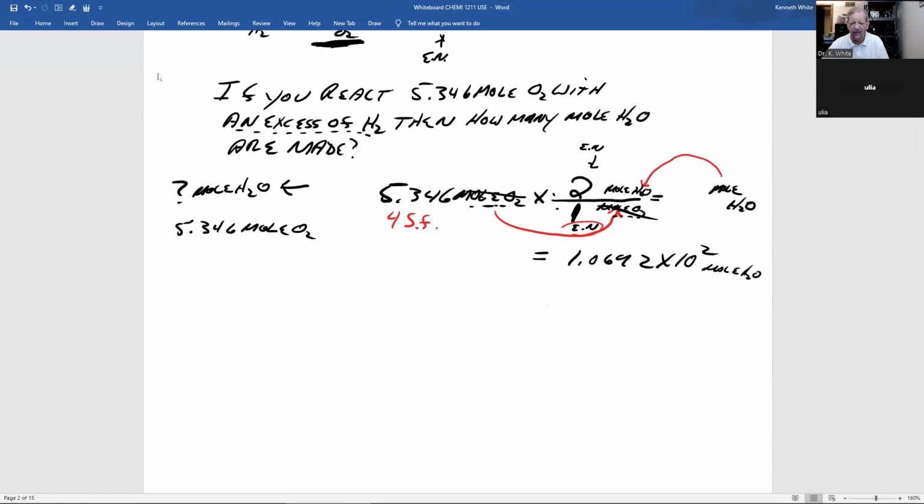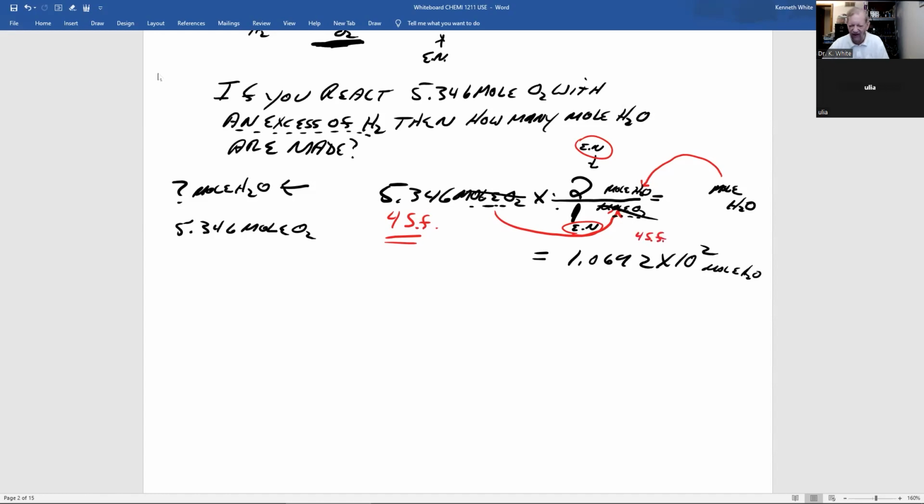These are both exact numbers. So when you're multiplying and dividing, you get the same number of significant figures in the answer as the number that has the fewest significant figures. Well, exact numbers don't play a role, and therefore the only number we can use here is the 4 significant figures, and our answer should be 4 significant figures.